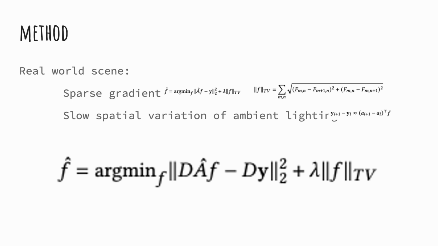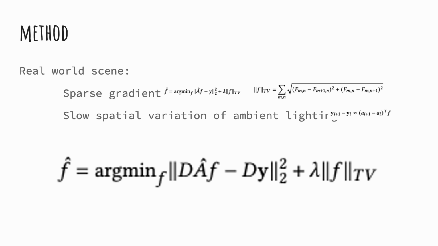So the authors noted two important properties for a real-world scene. The first is that the gradient of a real-world image is rather sparse, and so we can take advantage of that by adding a total variation, or TV, regularization on top of our optimization problem.